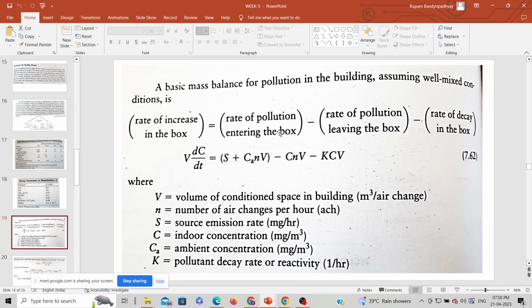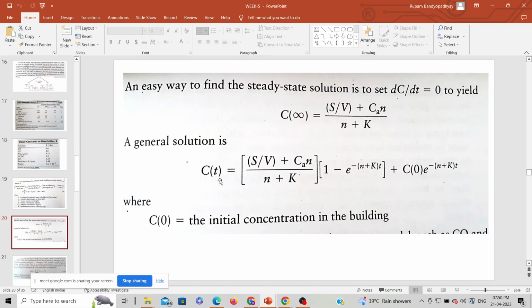If you solve this, you will get a general equation like this. For steady state conditions, the concentration change with respect to time is considered zero, so you will get these equations.